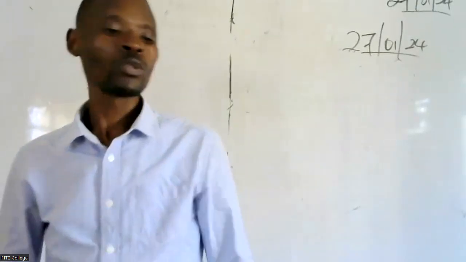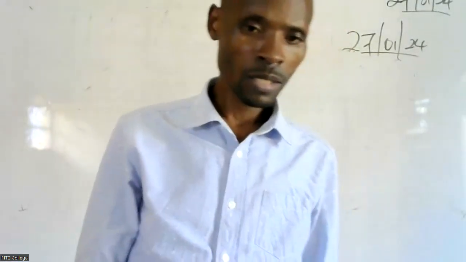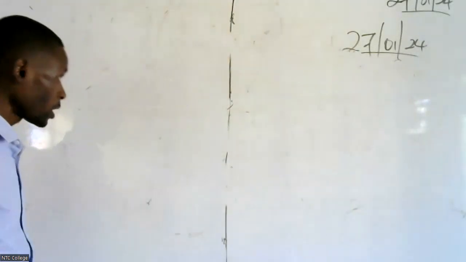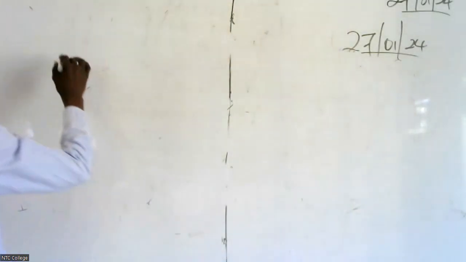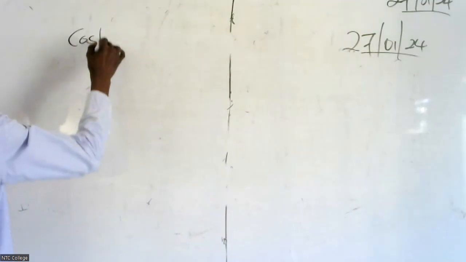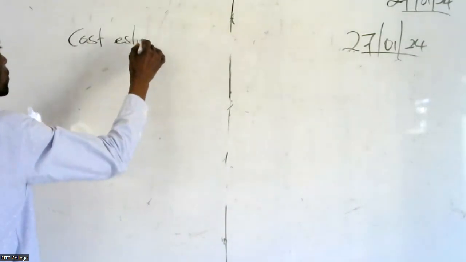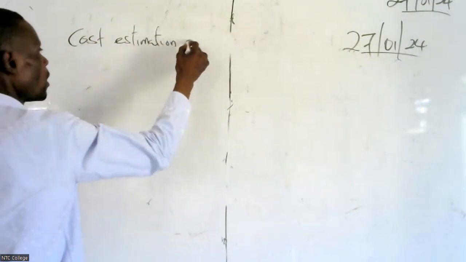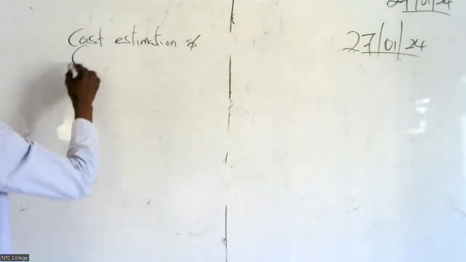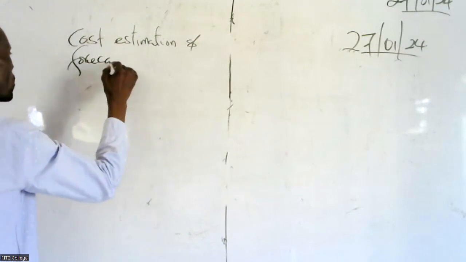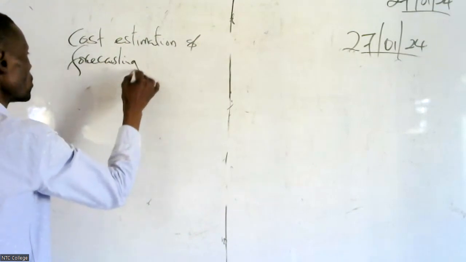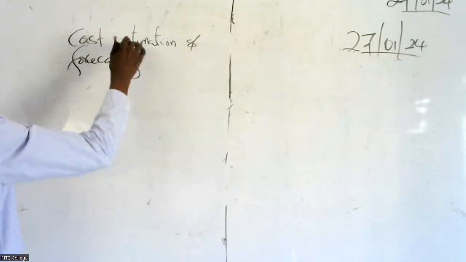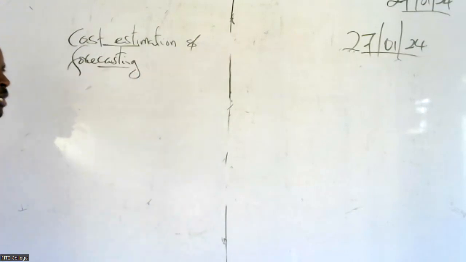Now, my good students, there is a topic which was an oversight: cost estimation and forecasting. Put it as an additional topic.